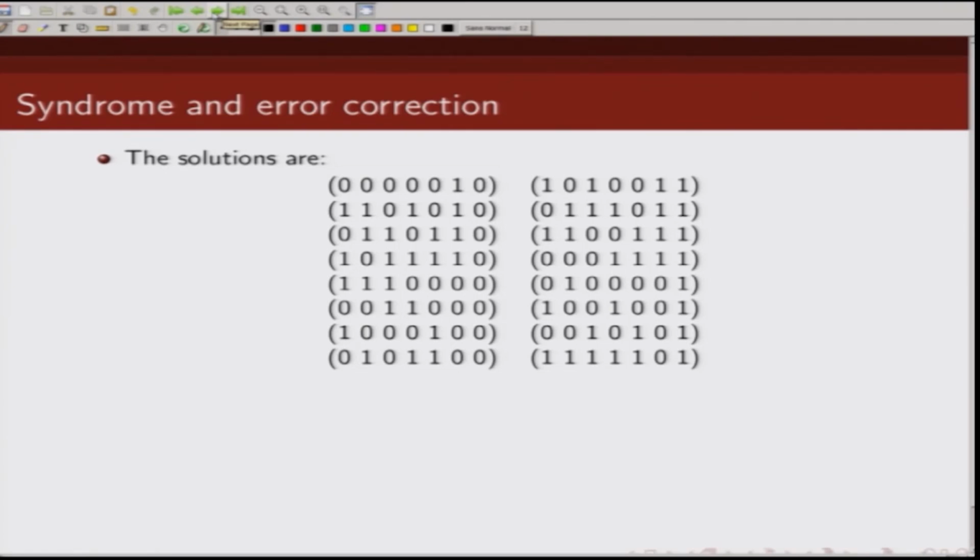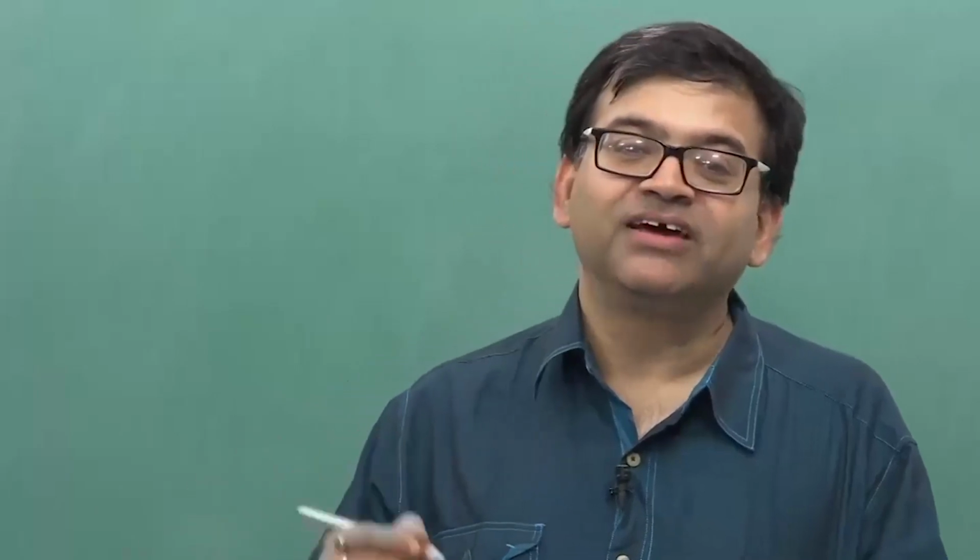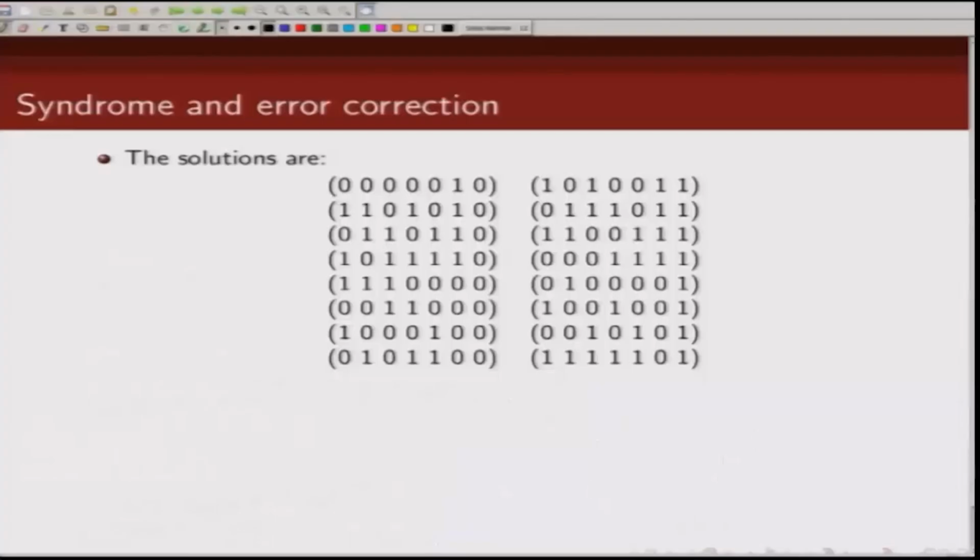As we said, the maximum likelihood decoding rule for a binary symmetric channel will choose the error pattern that has minimum Hamming weight, so the one with the minimum number of ones. You can see among these 16 solutions, the one with the minimum number of ones is this. All others have, this has 4 ones, this has 4 ones, this has 5 ones, 3 ones, 2 ones.